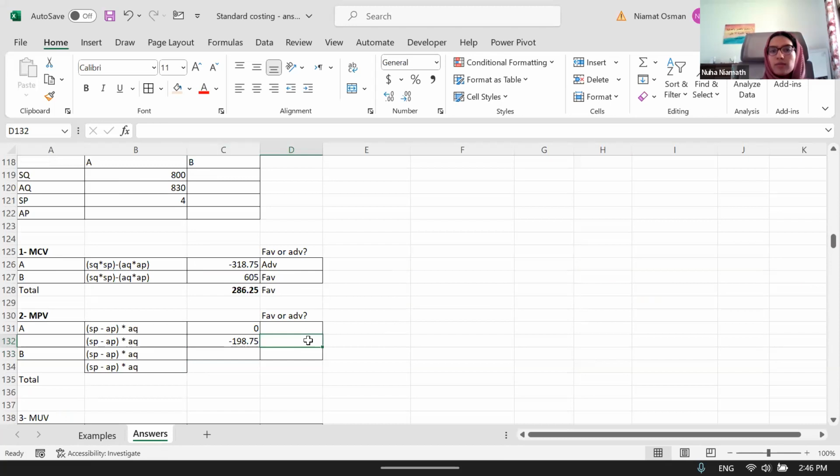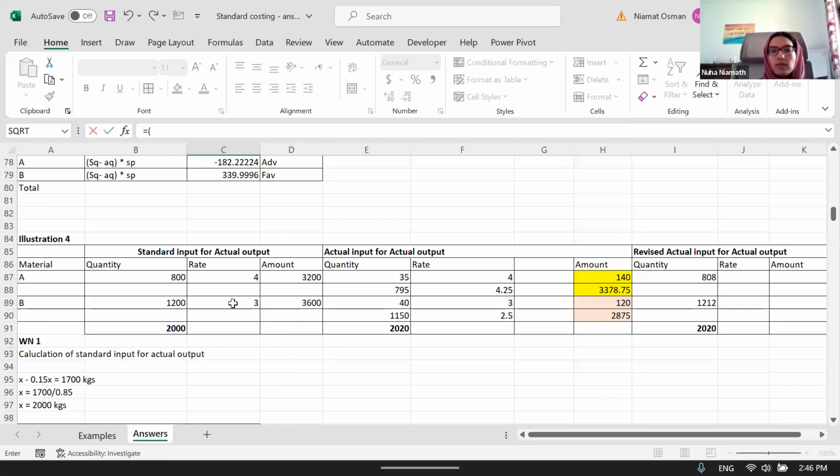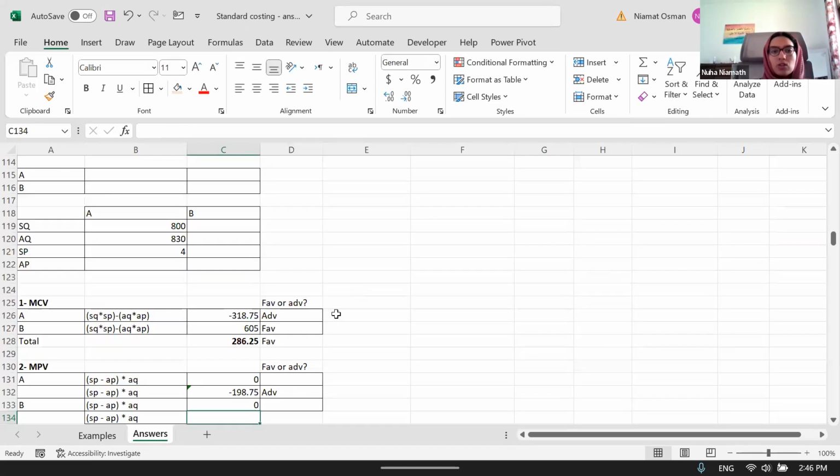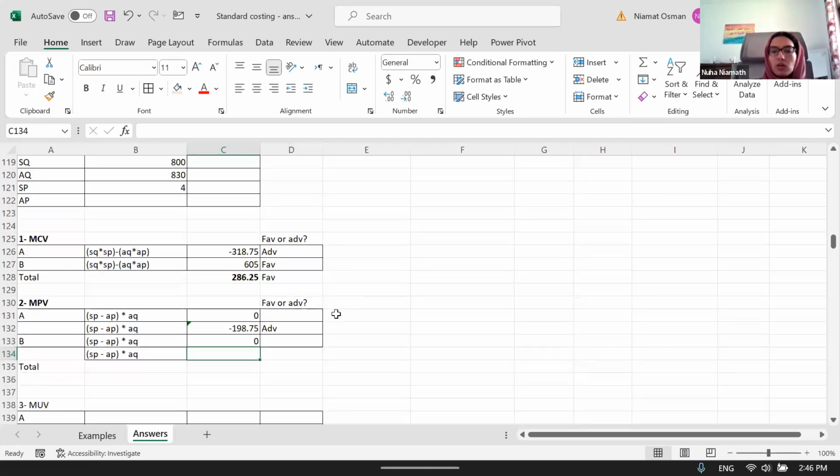Is this favorable or adverse? Adverse. Thank you. Now next, SP minus AP into AQ. Here we'll have 3 minus 3, again 0, into 40, so we don't have to bother.